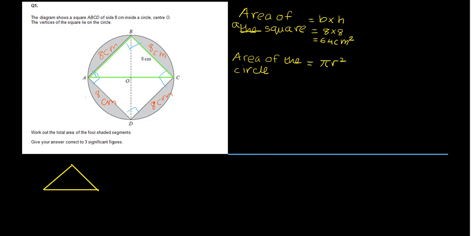Can I have the pen, please? Thank you. Okay, so that will be A, B, and C. We know that the right angle is at B, so the side opposite, which is AC, is the hypotenuse.